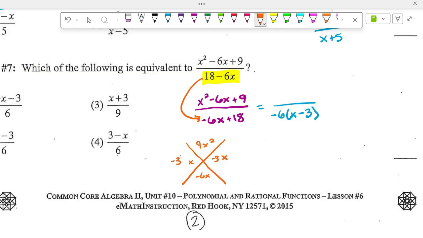So, just for time's sake, this will give us x minus 3 times x minus 3, or x minus 3 squared, doesn't matter. So, what can I cross out? I can cross out x minus 3's. How many? 1. So I can cross 1 out from the top, 1 from the bottom.